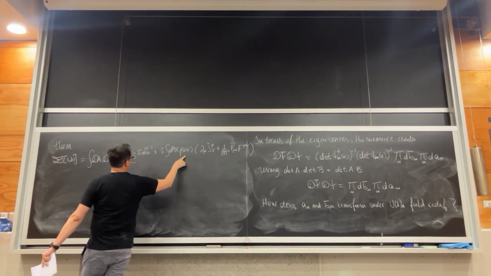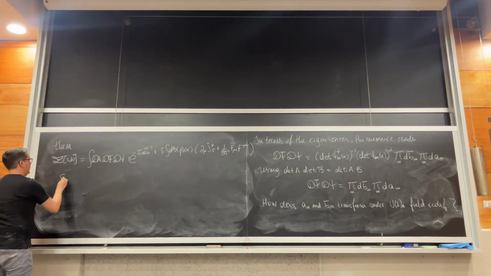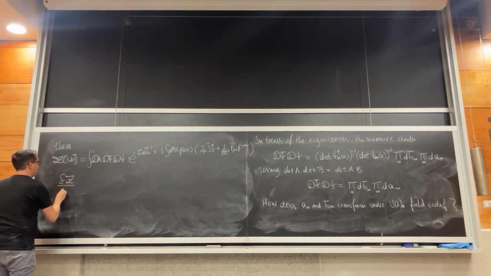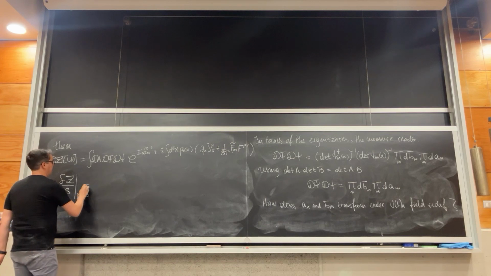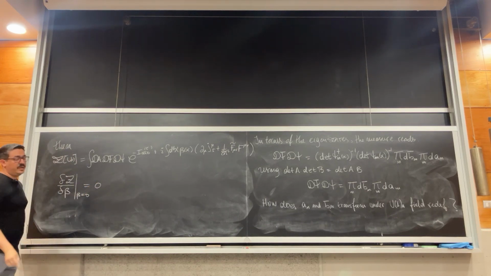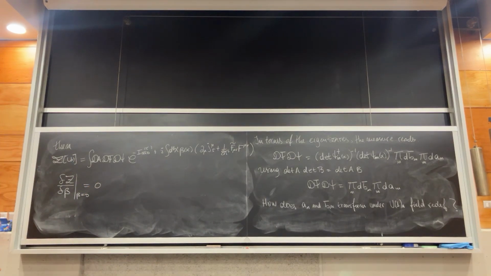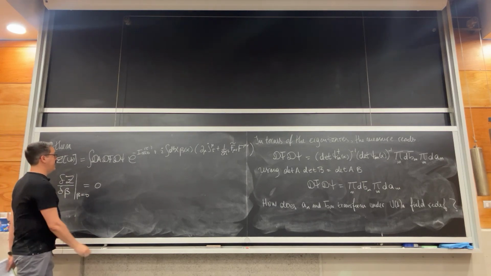And so you take the derivative with respect to beta and then put beta equal to 0. And due to the invariance of the path integral under field redefinition, this should be 0.